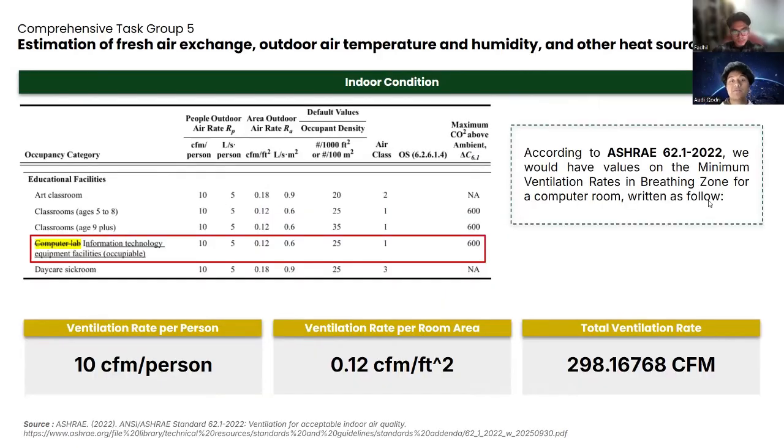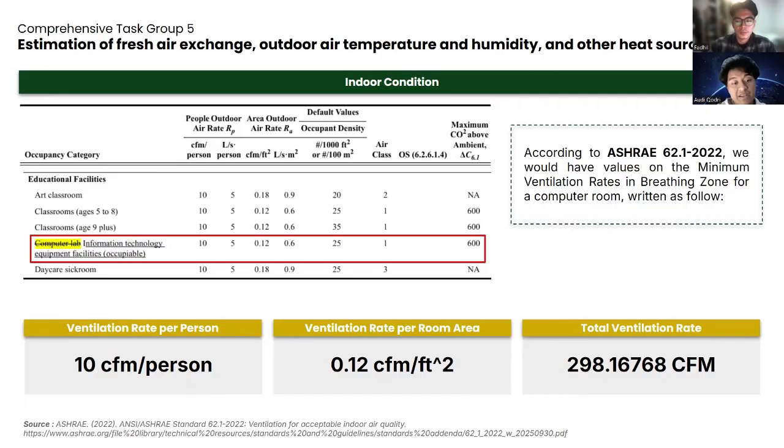All right. Now we continue to the indoor condition. So again, we base it on ASHRAE 62.1 2020. We have the values of the minimum ventilation rates in the breathing zone for a computer room, and we find the values below that relate to the computer lab.